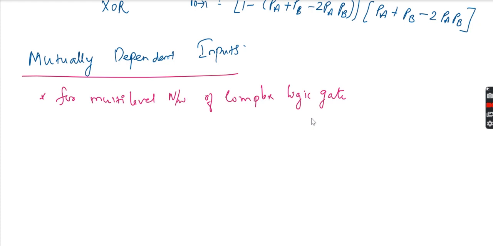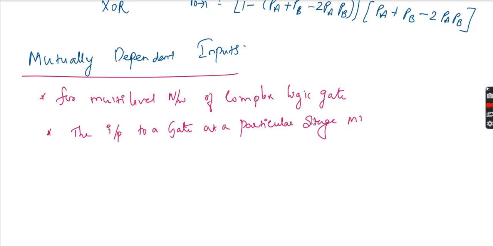So the input to a gate at a particular stage might not be independent.